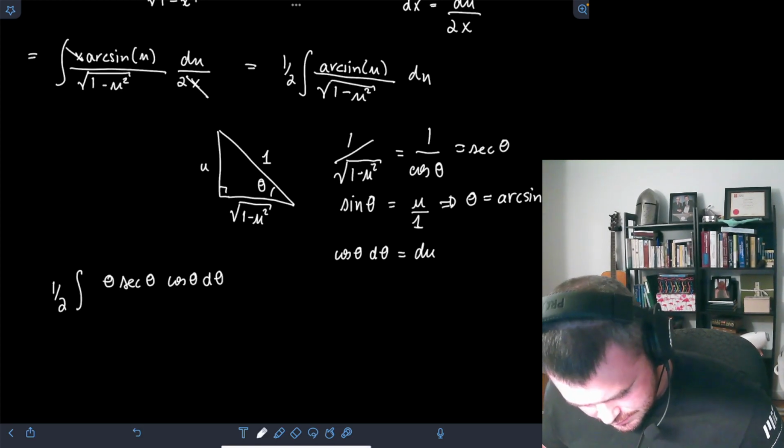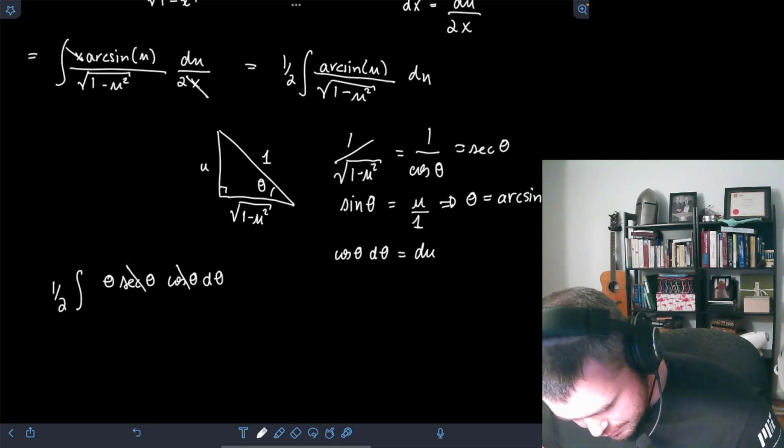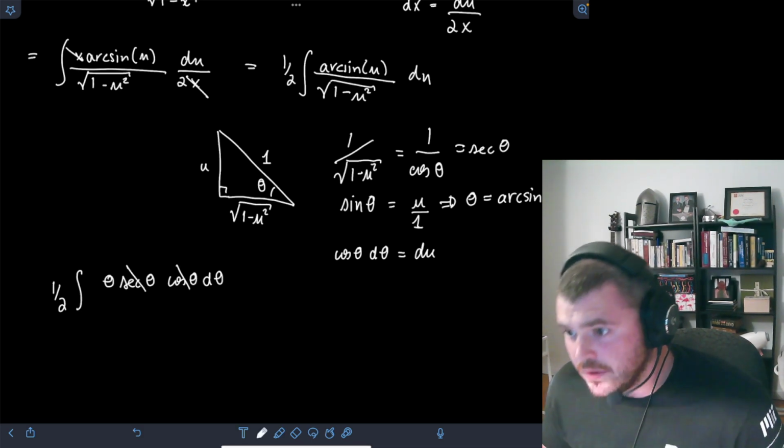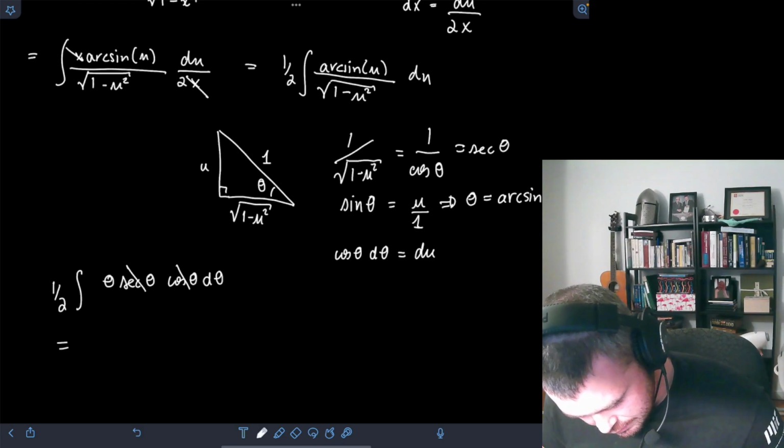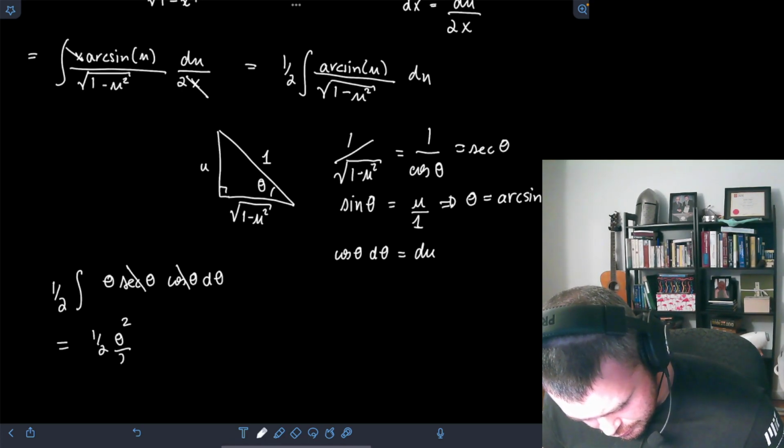However, secant theta and cosine theta will cancel each other because one is the inverse of the other. And so what we get is 1/2 times theta squared over 2 plus c.